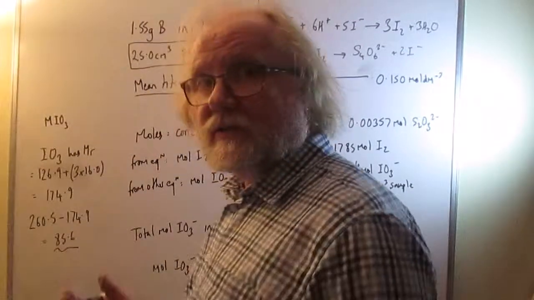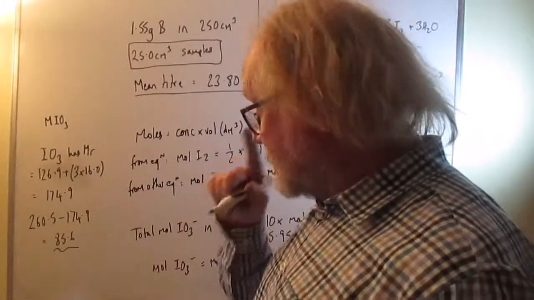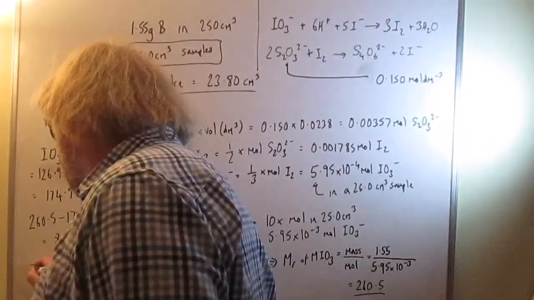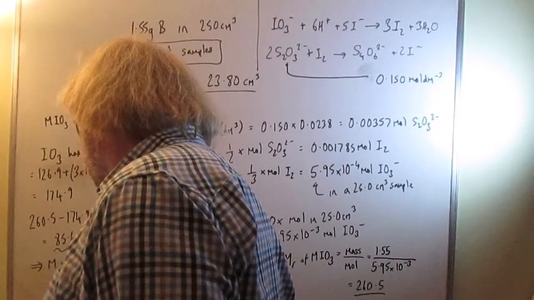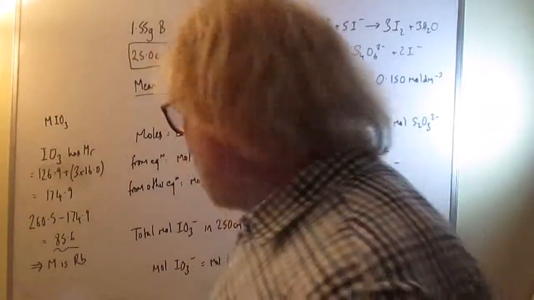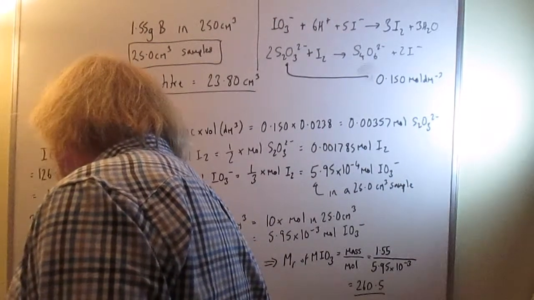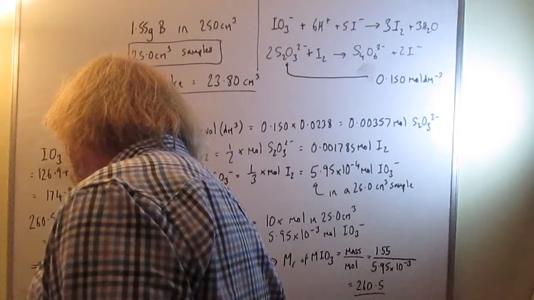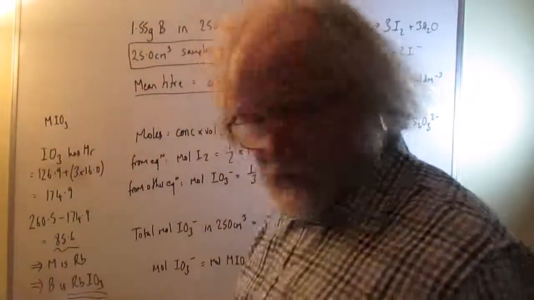And that's very close to rubidium, which is a group 1 element, which comes in at 85.5. So that tells you that M is rubidium, and therefore B is rubidium iodate, RbIO3 is the answer.